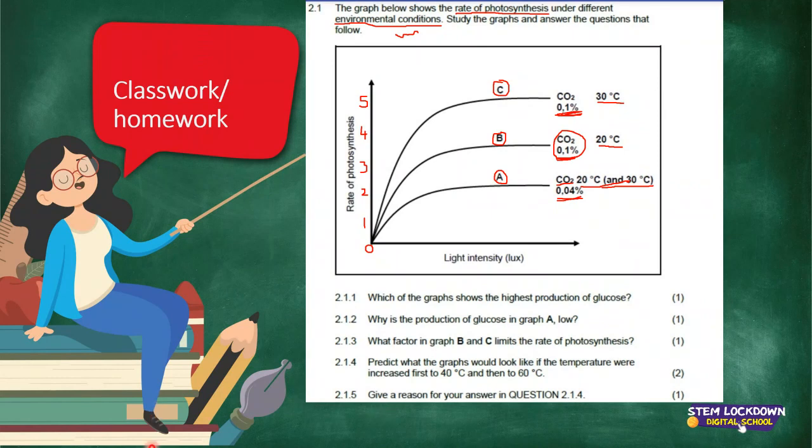Okay, so I hope we are together and we understand what is happening, because there are no questions coming through. But guys, the best answer or the best reason for question 2.1.5 is that at higher temperatures, the enzymes become completely denatured or functionless.